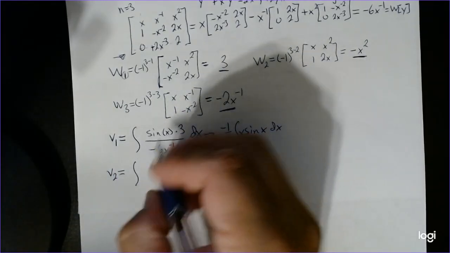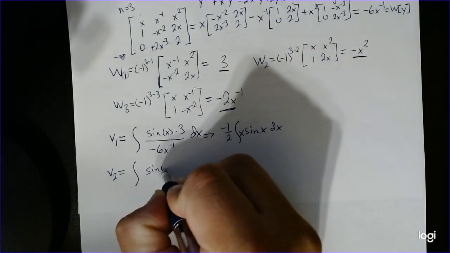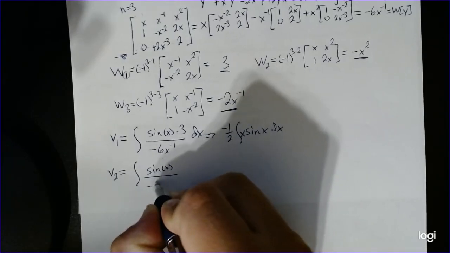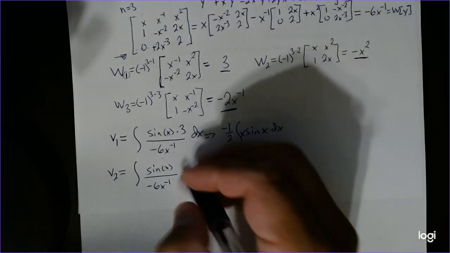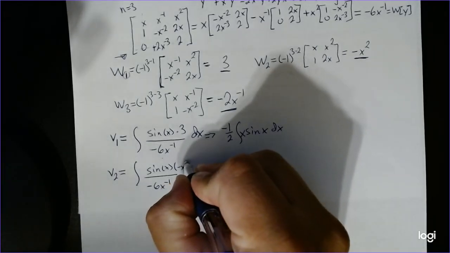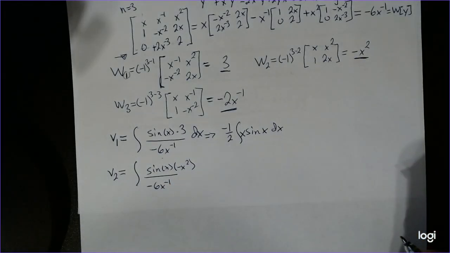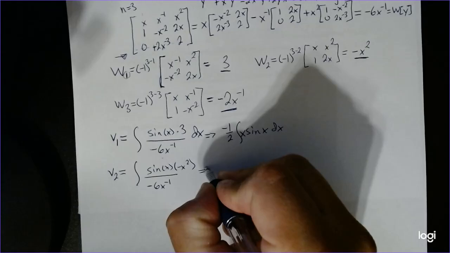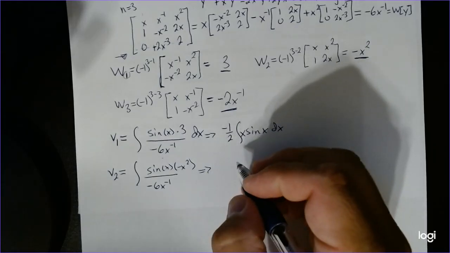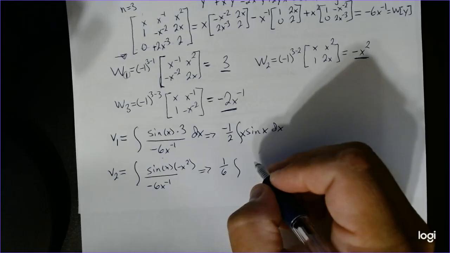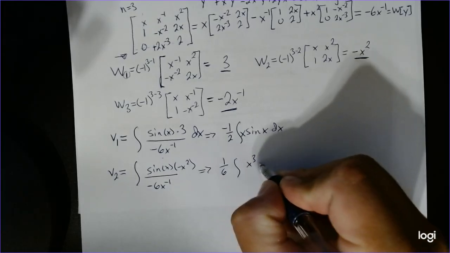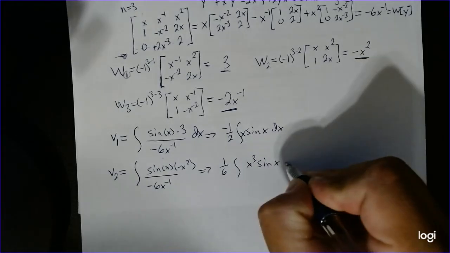So again, sine of x over negative 6x to the negative 1. And now I use this one, times negative x squared. So simplifying this again a little nicer. These negatives cancel, so you just get 1/6 integral of x to the third sine x.